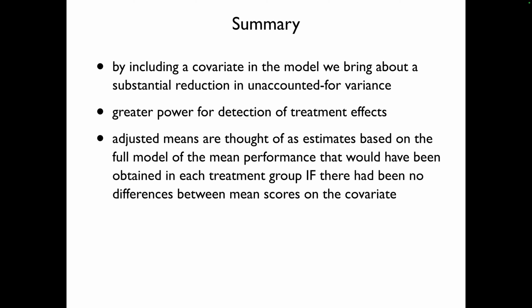Let's extrapolate. What would those scores on the dependent variable have been if everyone, all groups, were the same on the covariate? And we use that linear model of the covariate to project up or down and extrapolate, essentially, an adjusted mean on the dependent variable.